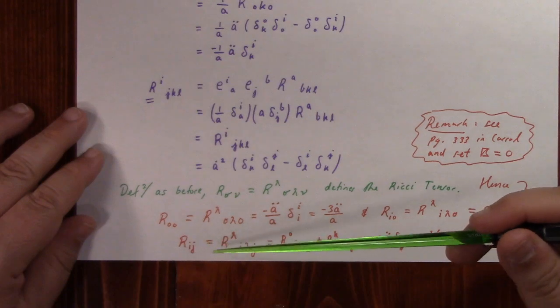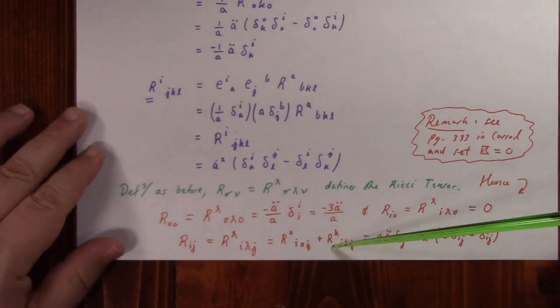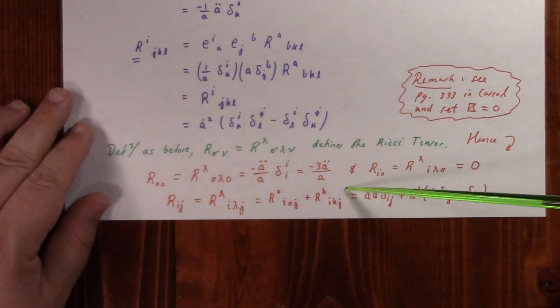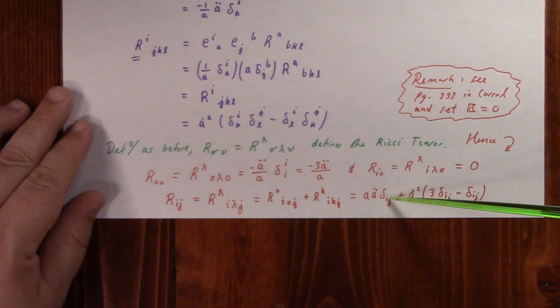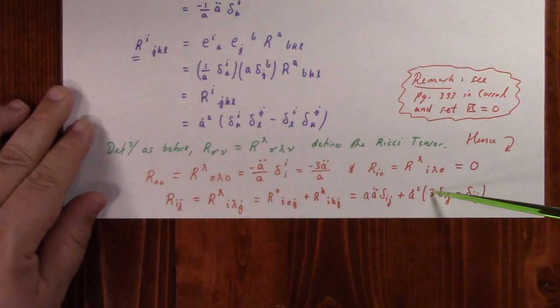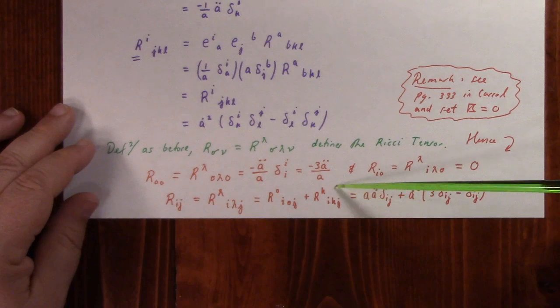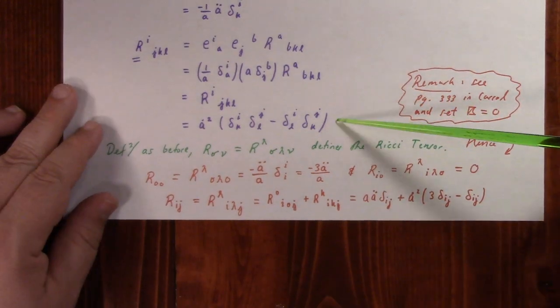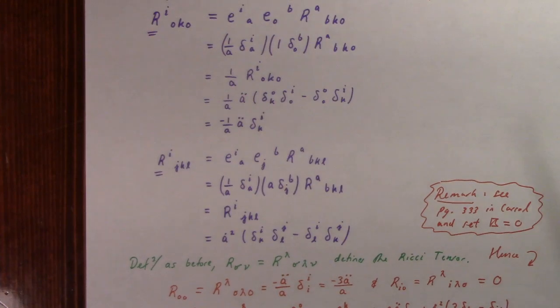And the ijth component of the Ricci, you have the contraction of the 0 and the contraction over the K here. That gives me an A double dot delta ij, and then this one gives me a 3 delta ij minus delta ij, which gives you, of course, 2 delta ij, and that's the formula that's in Carroll. And I got these just by working through the formulas up here. It's actually pretty fun to do that.